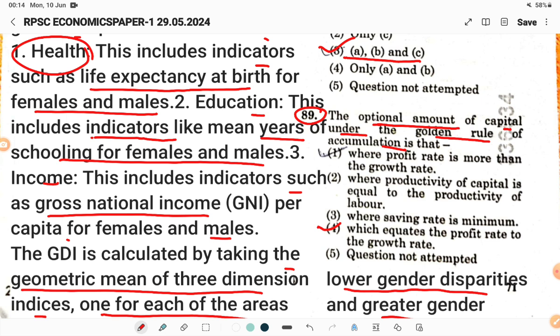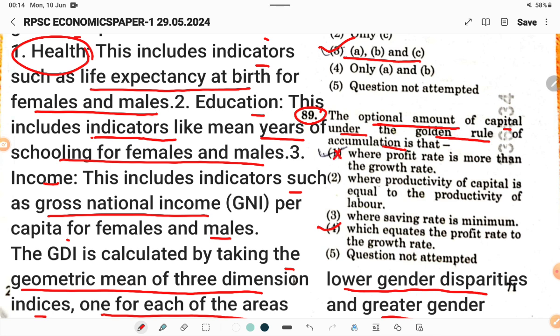If the profit rate exceeds the growth rate, it implies that the return on investment or profit is growing faster than the overall economy, which could lead to overinvestment in capital and inefficiencies in resource allocation. So this one is not correct here.